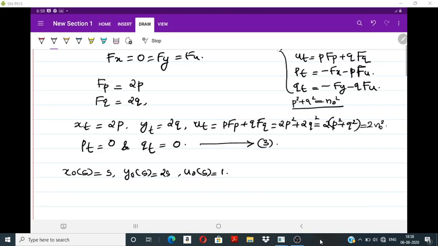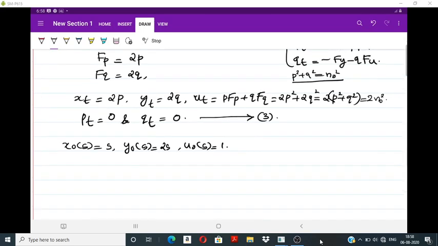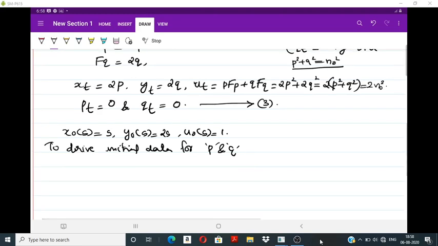Now we have to derive the initial data for P and Q. For that, from the existence and uniqueness theorem for the nonlinear Cauchy problem for first order nonlinear equations, which we have already stated, we have obtained two conditions from which we can derive the initial conditions for P and Q.